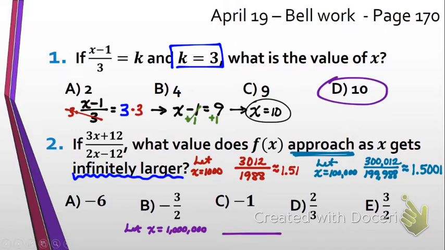What would this fraction look like if x was 1,000,000? 3,012,000 over what?